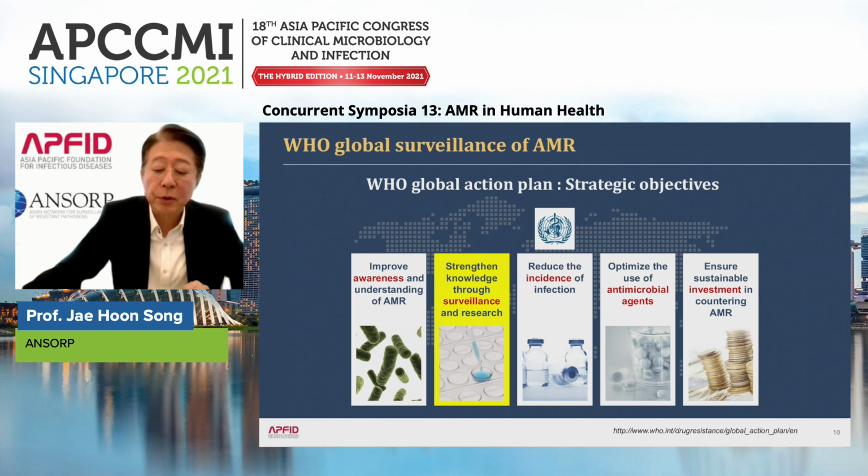Although all of these measures should be implemented at the same time, surveillance is really the first measure we have to take to identify the current status and problems of AMR.